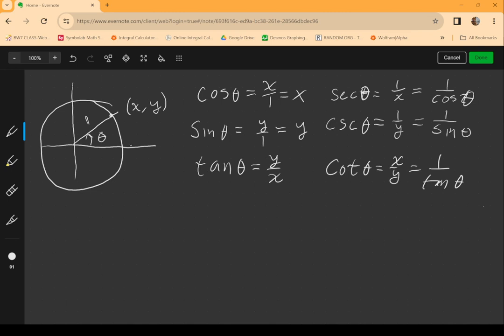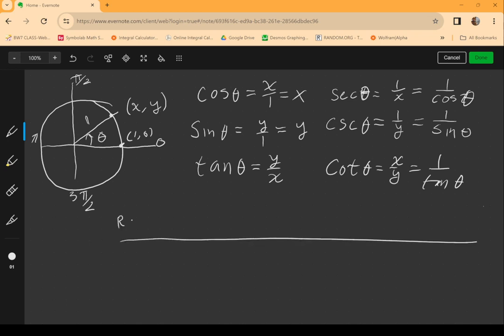So let's think of our special angles here: 0, pi over 2, pi, and then 3 pi over 2. At 0 radians, this point is (1, 0). Let's get a little table going here.